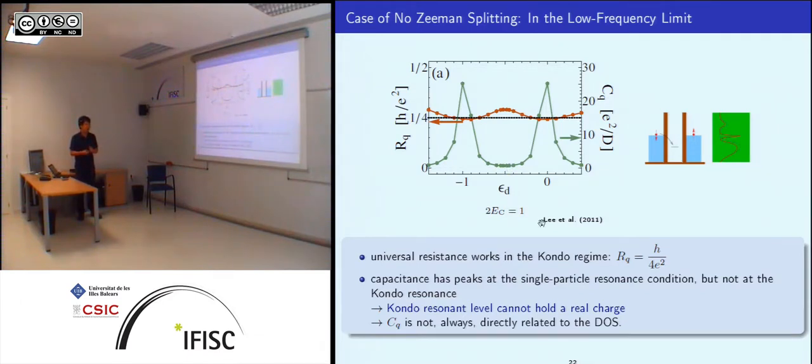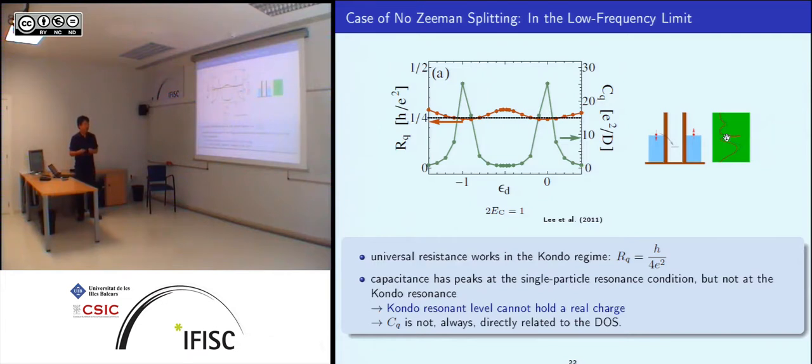So the quantum capacitance can be related to the density of states, but the state should be a real state, a real state to take electrons into it.